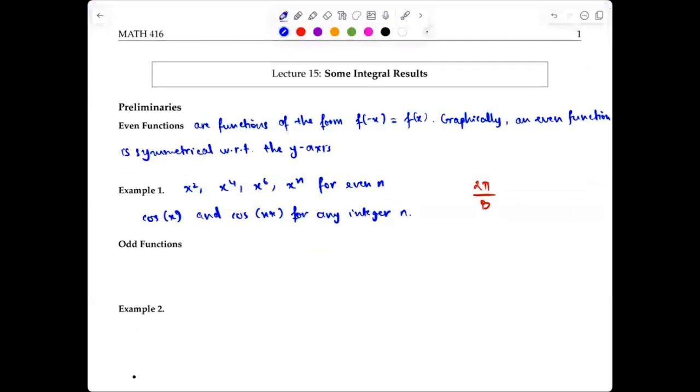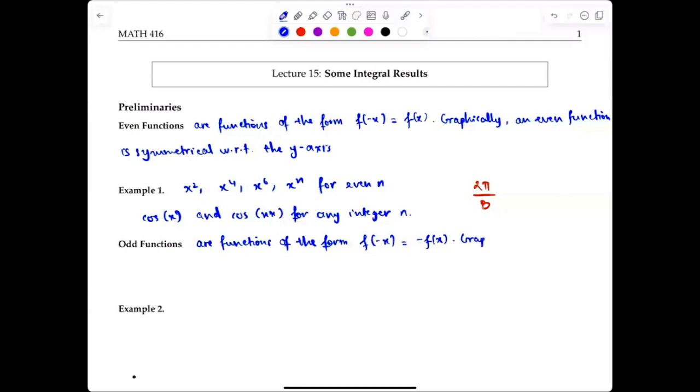Now for an odd function, these are functions of the form f of negative x is equal to negative f of x.